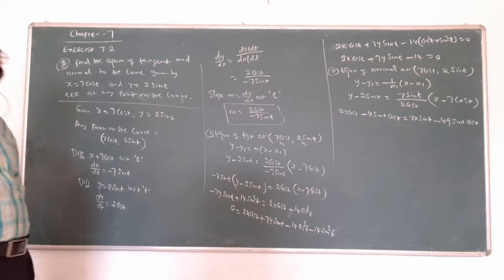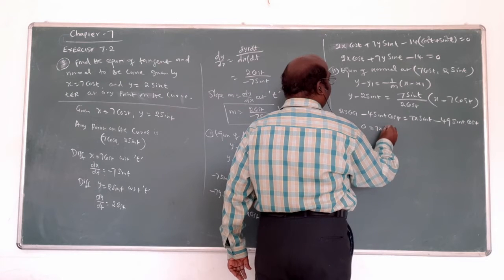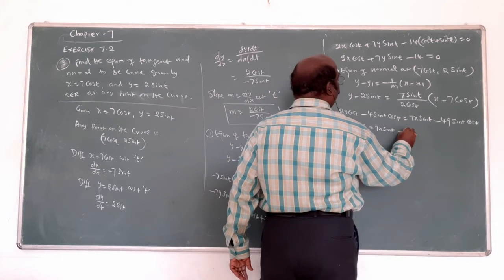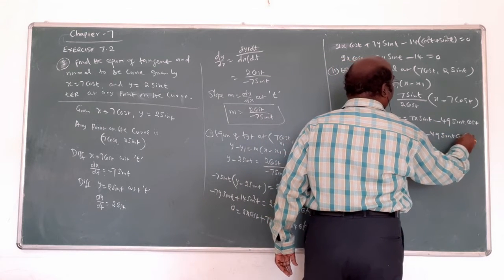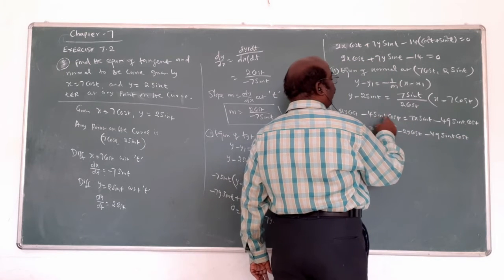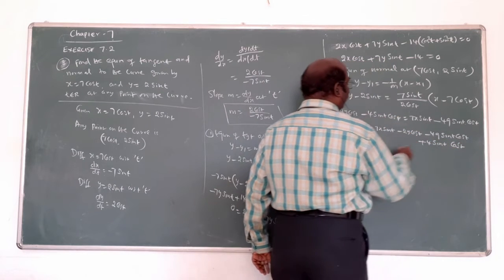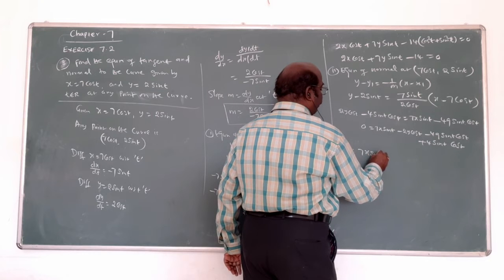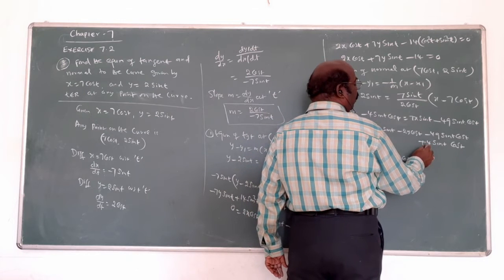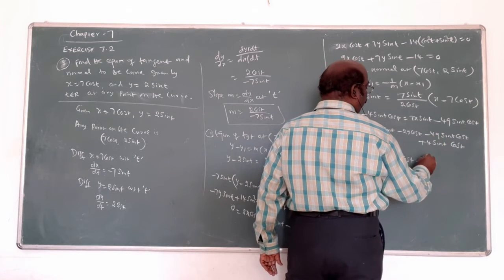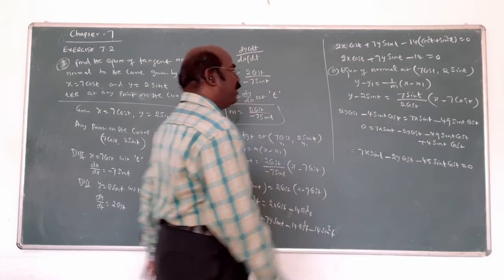Now 0 is equal to 7x sin t minus 2y cos t, and already minus 49 sin t cos t is there, and the minus 4 sin t cos t becomes plus 4 sin t cos t. These two terms are like terms. Therefore 7x sin t minus 2y cos t, minus 49 plus 4, minus 45 sin t cos t is the answer.